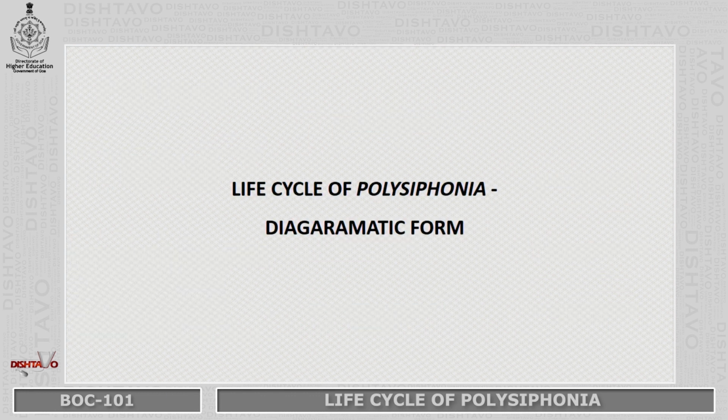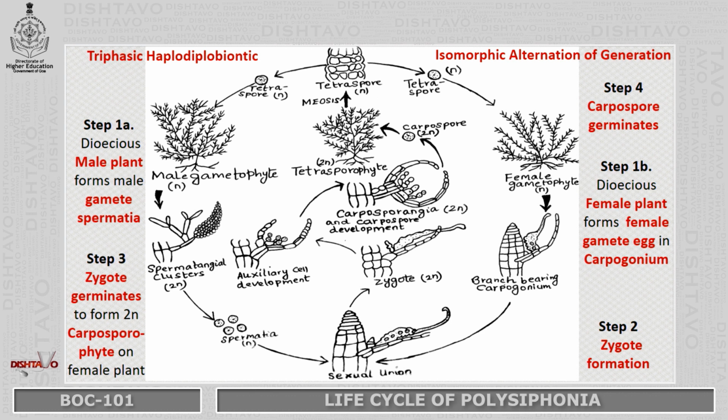Let us see the life cycle of Polysiphonia in diagrammatic form. The life cycle of Polysiphonia is called triphasic haplodiplobiontic. Why is it called triphasic? Because it includes three different phases, that is the haploid gametophyte and the diploid tetrasporophyte and carposporophyte.